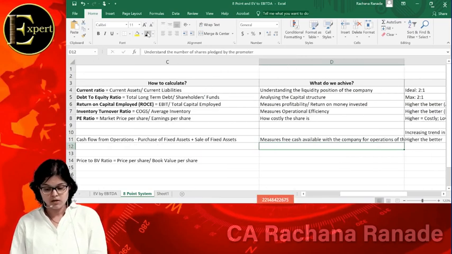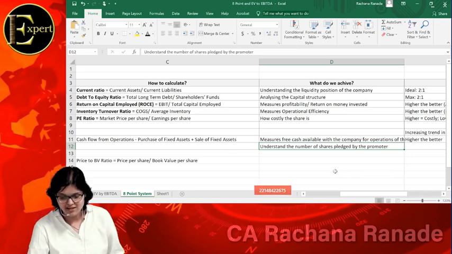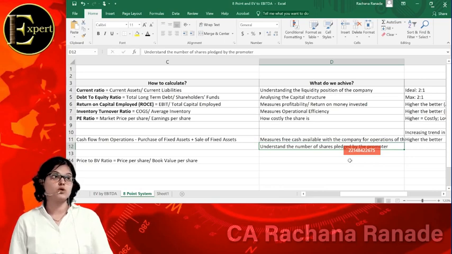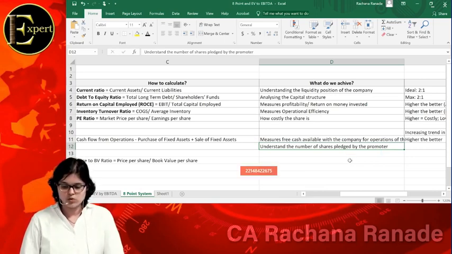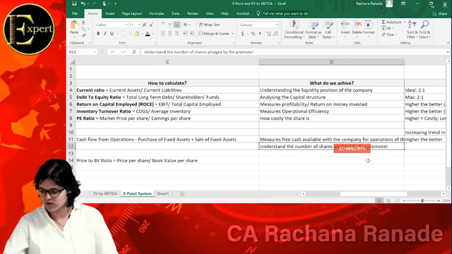So what were we trying to understand? The number of shares pledged by the promoters, especially the promoters.